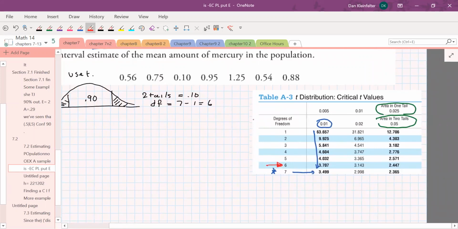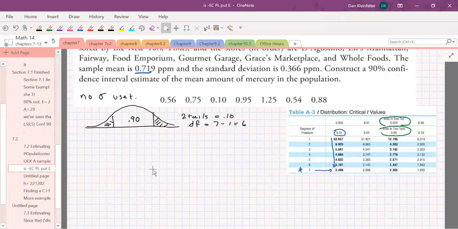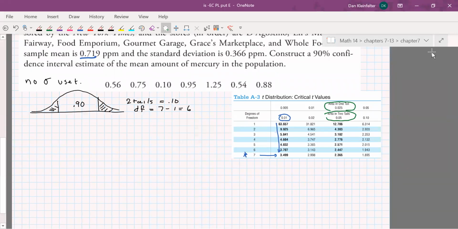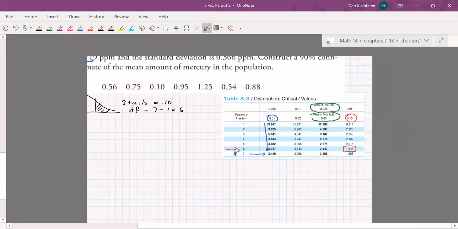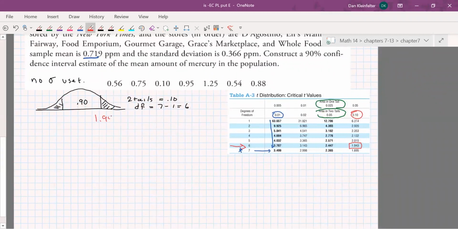Let me go get that. All right, so that's better. So we want the degrees of freedom to be 6 and the area in two tails to be 0.10, so that's the last column here. So where those will intersect is at 1.943. So that will be our T alpha over 2.